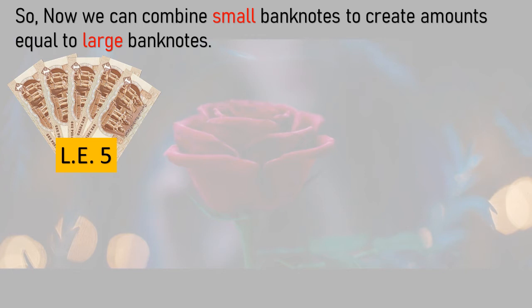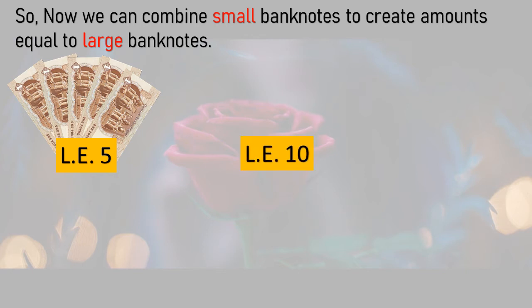Can I buy the chocolate? Sure, I can, because 5 Egyptian pound means 1 plus 1 plus 1 plus 1 plus 1, 5 ones, or 5 papers of 1 Egyptian pound, right?